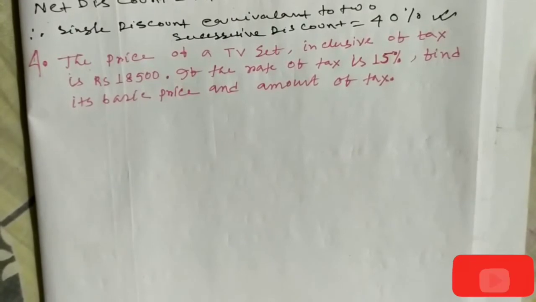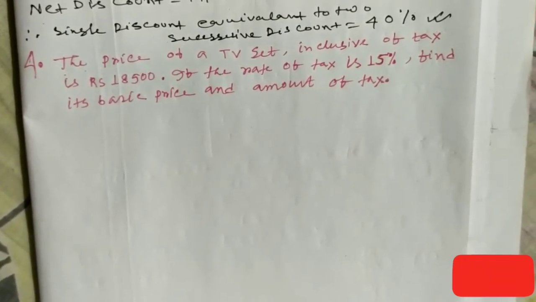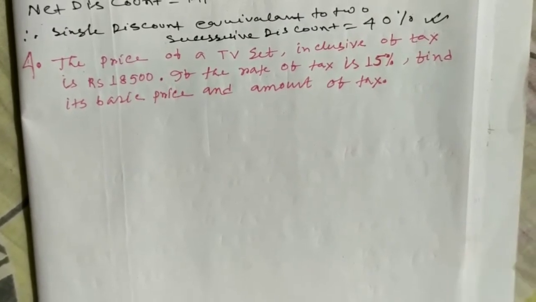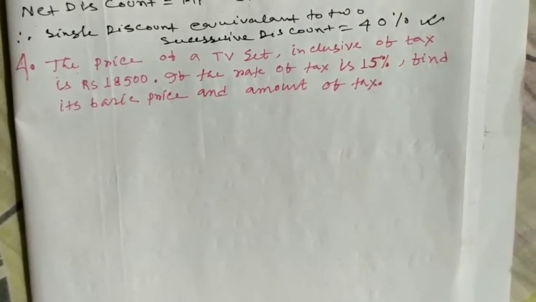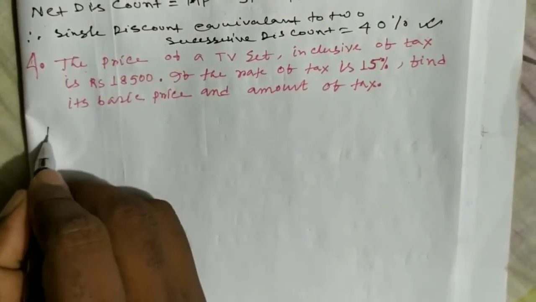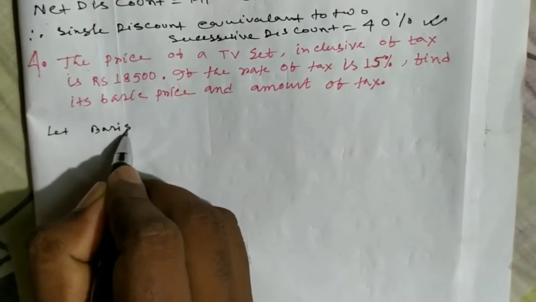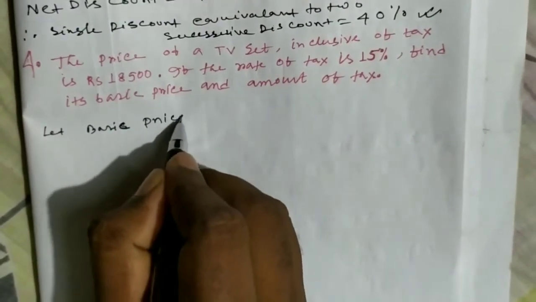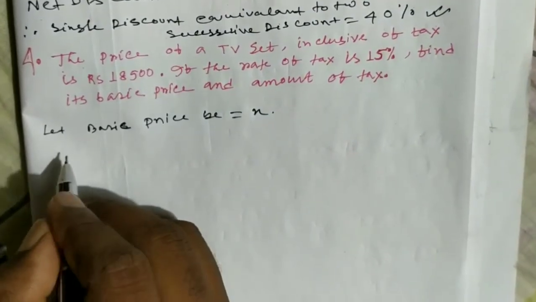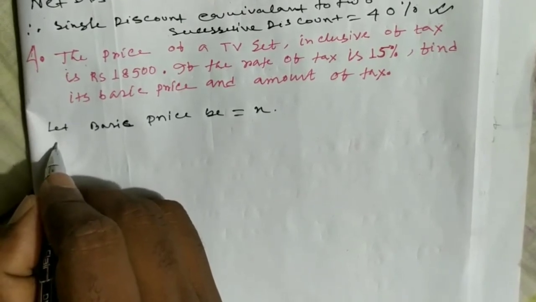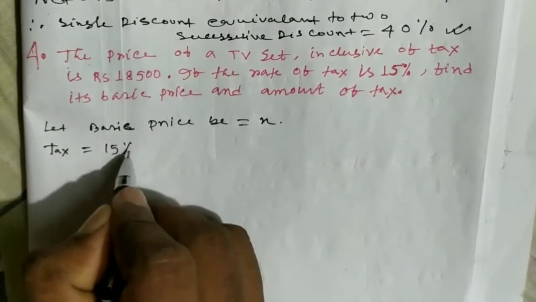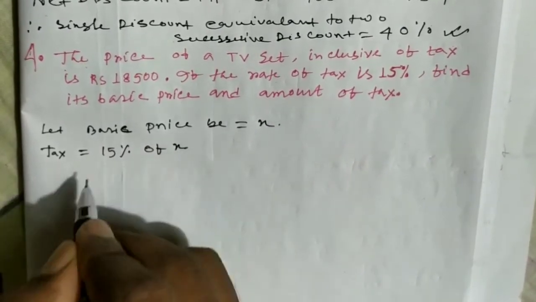The price of a TV set inclusive of tax is ₹18,500. If the rate of the tax is 15%, find its basic price and amount of tax. Let basic price be X. Tax is equal to 15% of basic price, which is 15x by 100.